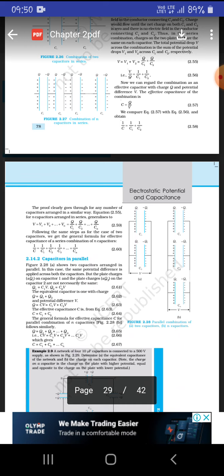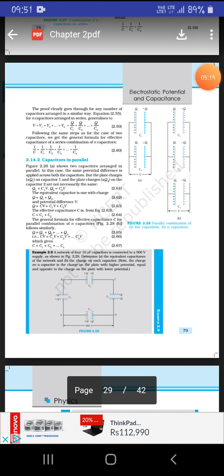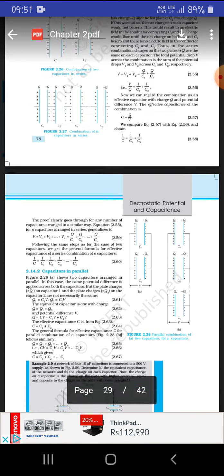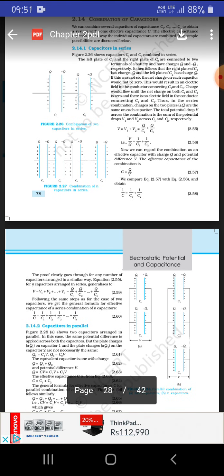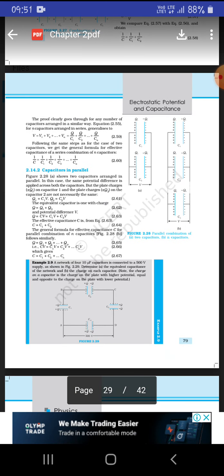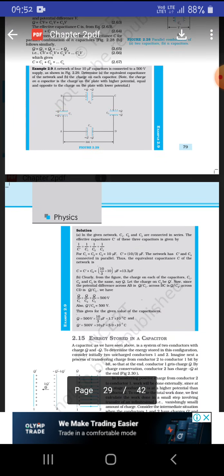Like that you take C equal to C1 plus C2. For series you get 1 by C1 plus 1 by C2, but for parallel you get only C1 plus C2, for any number of capacitors.